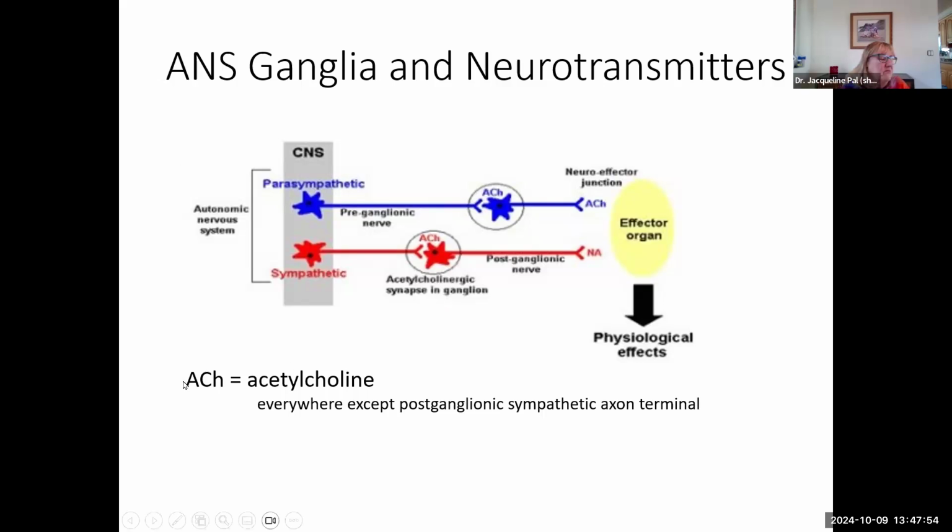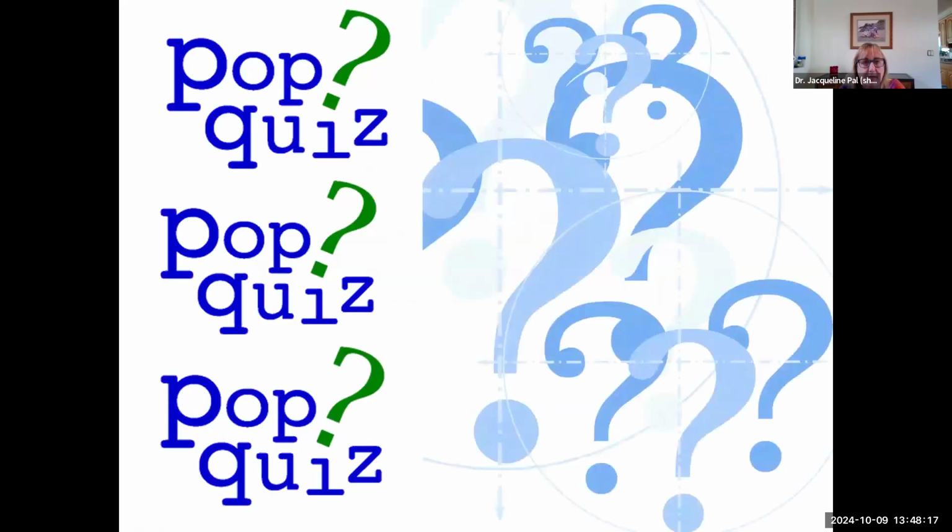Okay, so just remember, acetylcholine is used everywhere except the postganglionic sympathetic neuron's axon terminal at the effector organ. That's the only one you need to remember that is not acetylcholine. Everything else is acetylcholine. All right.